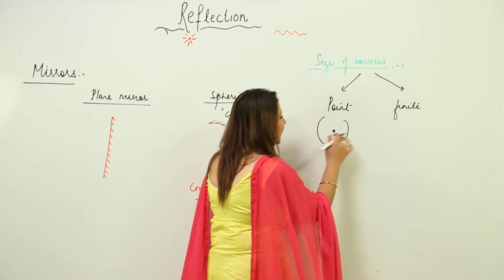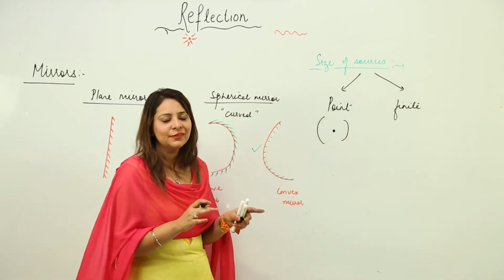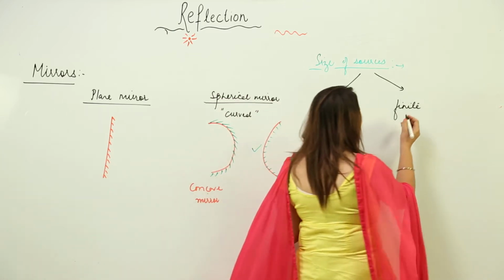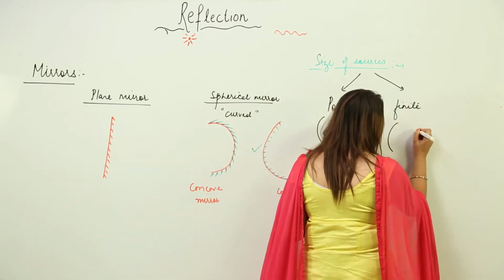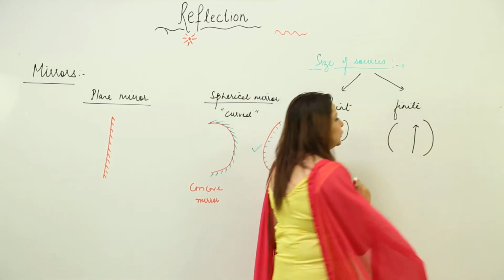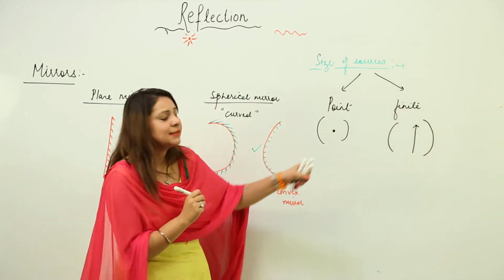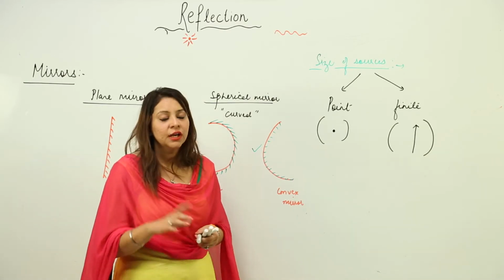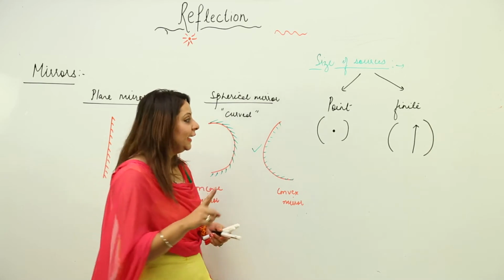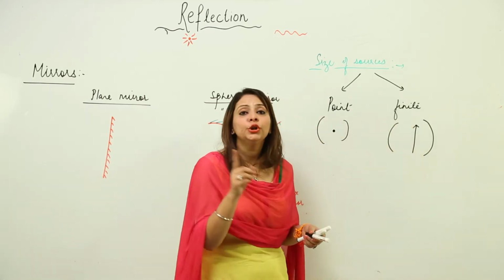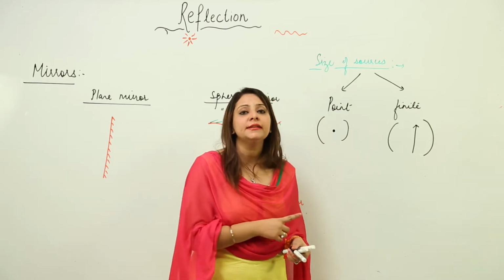I am just putting the brackets here, not to be used in the ray diagram, it is just to enclose this dot. And whenever you are talking of a finite object, it is denoted by this sign, that is the arrow. So whenever there is an arrow like this and light rays are coming from it, that means it is a finite source. And one more important thing, like I have drawn this arrow with the pointer pointing upside, you also have to draw in the same manner.